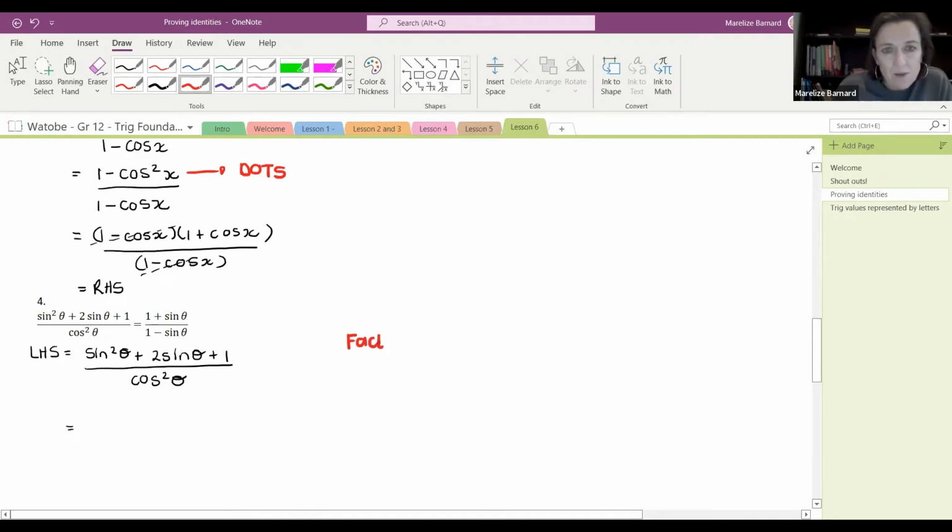Okay, so factorizing, grade 12s, is very important when you're doing these identities. Satya has given us the factorizing in the chat, saying sine x plus 1, sine x plus 1. I agree.